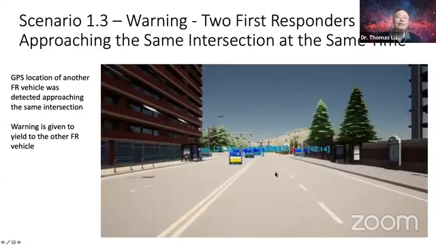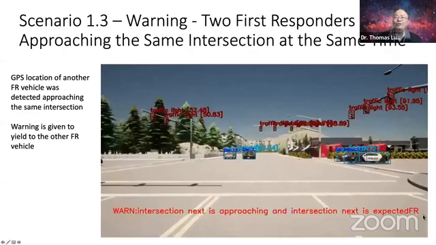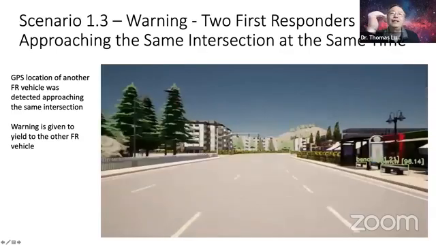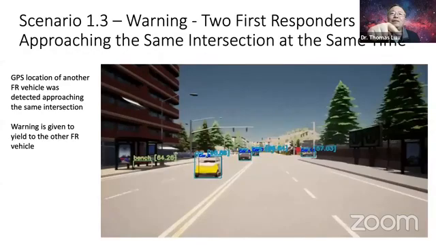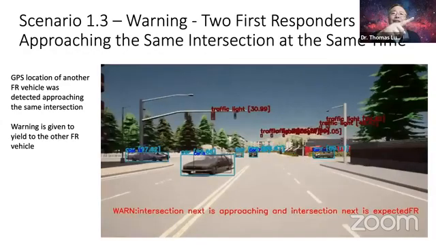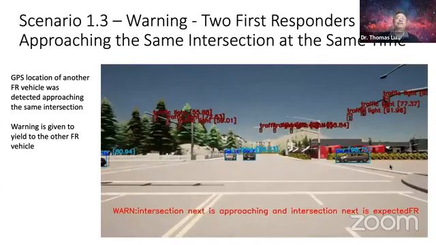So it warns that an intersection is approaching and that another first responder is expected. Basically it says there's another first responder coming in, you need to stop and let the other people go. So the first responder stopped, the other first responder passed, and then you can go.